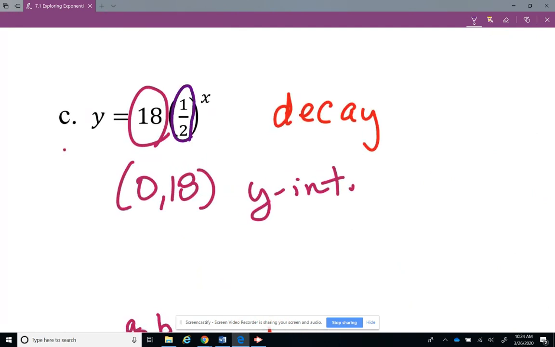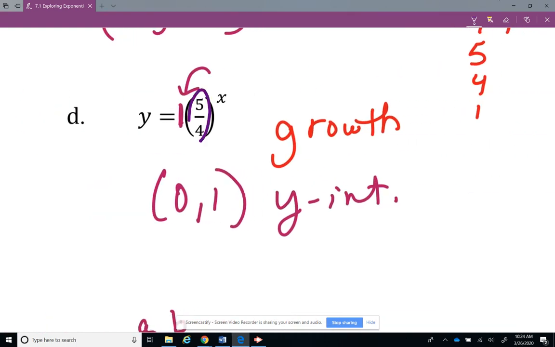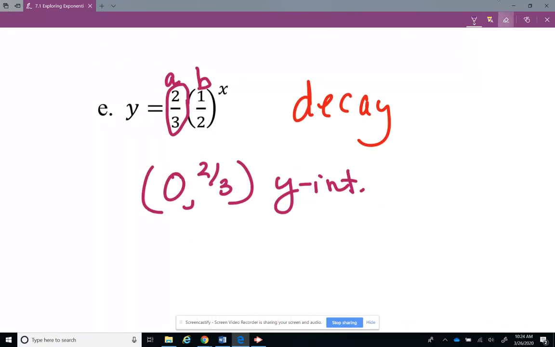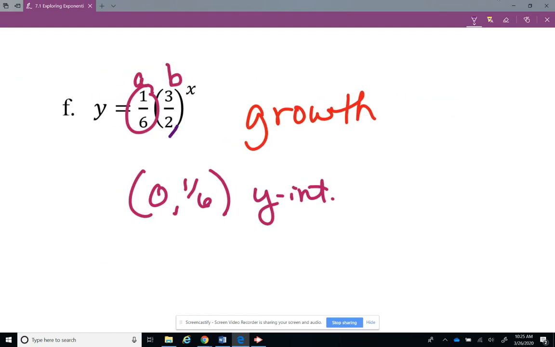For C, B is less than 1. For D, I'm circling it. B is greater than 1. Go to E. I'm going to circle it. B is less than 1. And then F, I'm going to circle what B is. B is greater than 1.